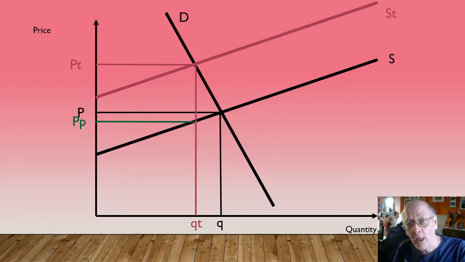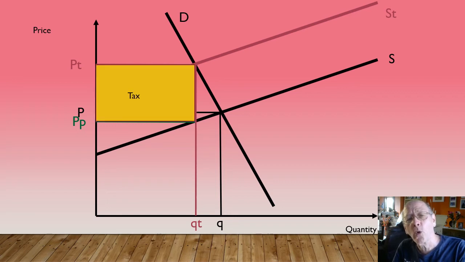But the green line shows what the producer receives from it, and you'll notice there the amount that the producer receives, PP, has fallen from the original price. Again, on my example before, it's fallen from £100 to £90 a unit. So the total tax take for the government is that yellow area.